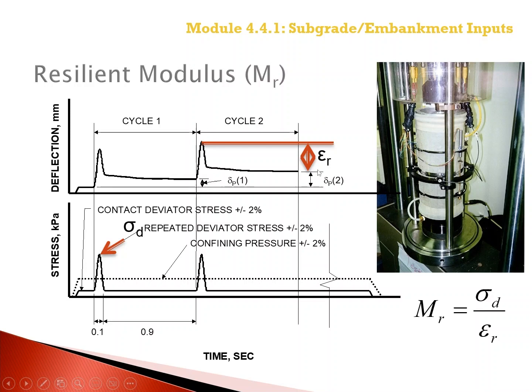And so the resilient modulus is simply the applied repeated deviator stress divided by the recoverable or elastic strain that the specimen recovers. The resilient modulus is calculated as the repeated deviator stress divided by the elastic recoverable strain for different confining levels as well as different stress states.